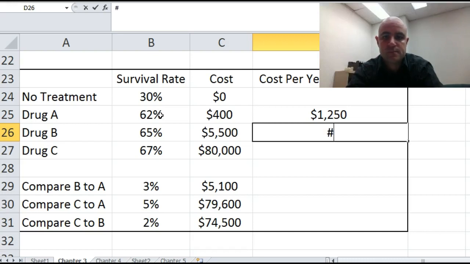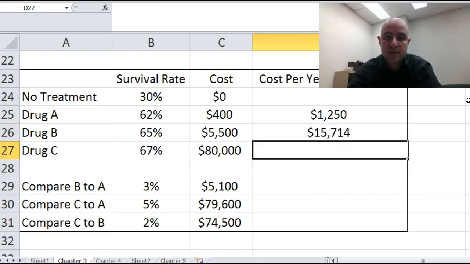Now, if we do this, this is going to be 5,500, and by taking the drug, your survival goes from 30 to 65, and so 0.65 minus 0.3. And then if we do it for the last one, we get 80,000 divided by 0.67 minus 0.3.